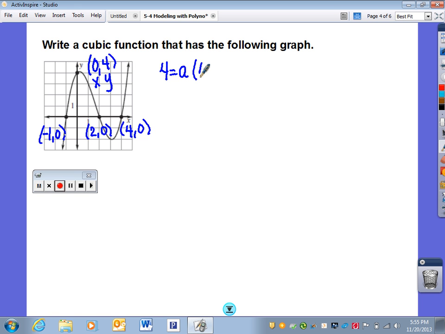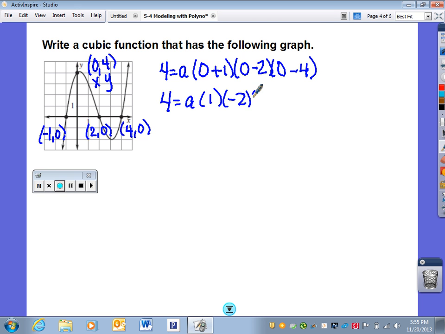Our x value is 0, minus -1 would be +1. X value is 0, minus 2, our second intercept, and 0 minus 4, which is our third intercept. So we have 4 equaling a, and then we have 1, -2, and we have -4.